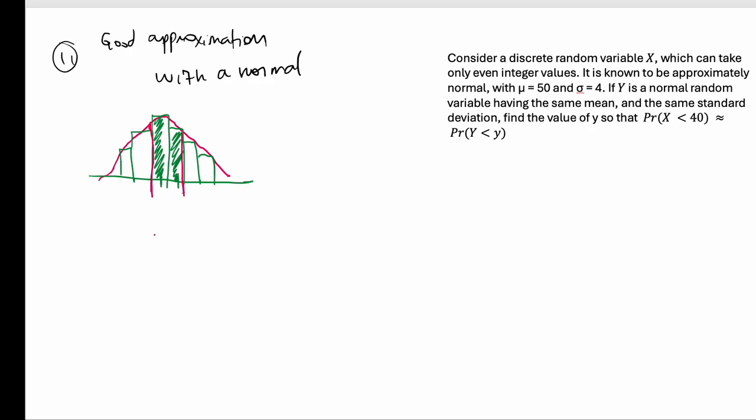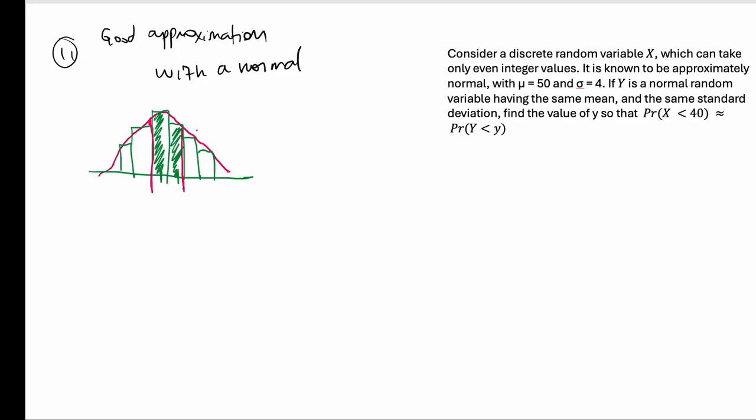Consider a discrete random variable x, which can take only even integer values. Okay. It is known to be approximately normal. So again, it's discrete, but the histogram takes the shape of a normal with the mean of 50 and standard deviation of 4. Now, if y, another variable, so that was being told about x.